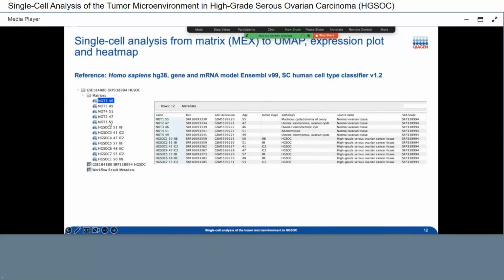You have 5 of them that are normal tissues, and 7 of them that are different grades of the high-grade serous ovarian carcinoma, 2 grade 1, 2 grade 2, and 2 grade 3, stage 3. Here, this is the metadata which is attached, processed directly from the matrix information. As you can tell, you have normal tissues and cancer tissues. So I can separate everything I want, even based on age or based on the type of pathology, right?